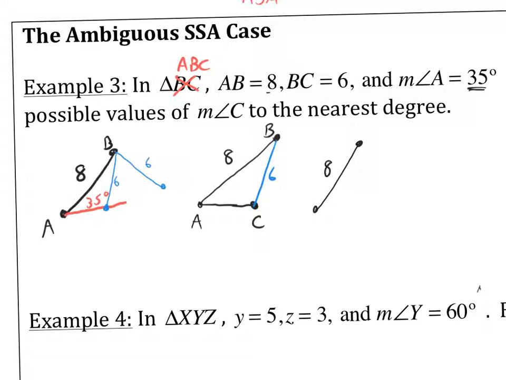So here's 8, here's A, here's B. Again, that's still 35 degrees in here. But instead of letting the blue come inward, the blue is going outward to there. And that's my 6 there. So all we did was swing that over.